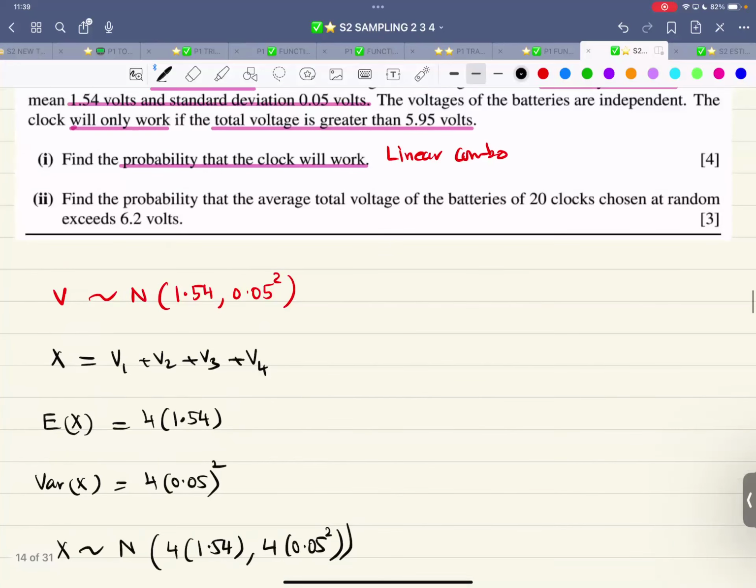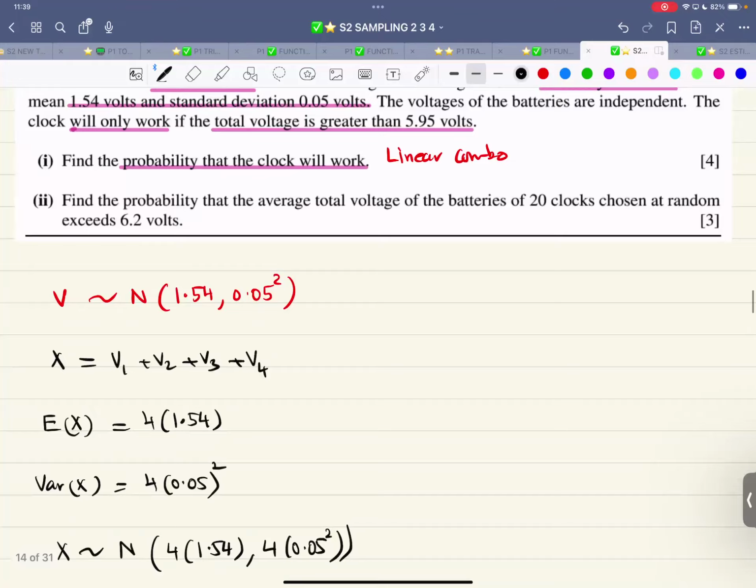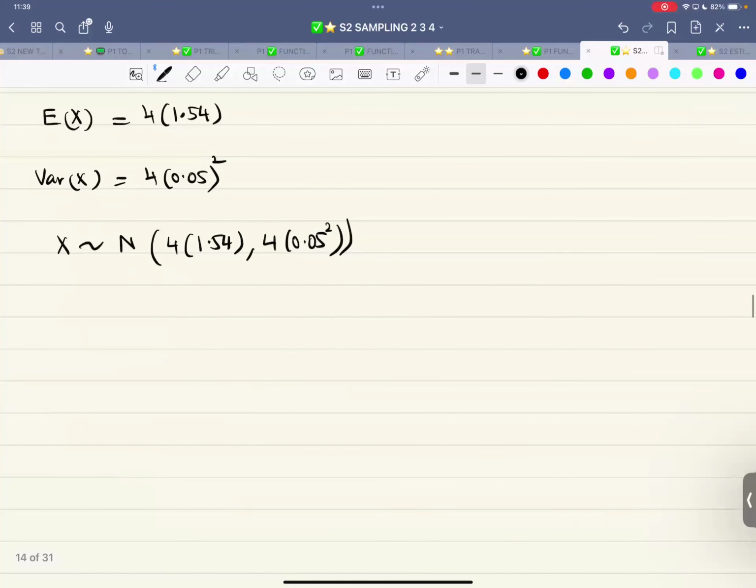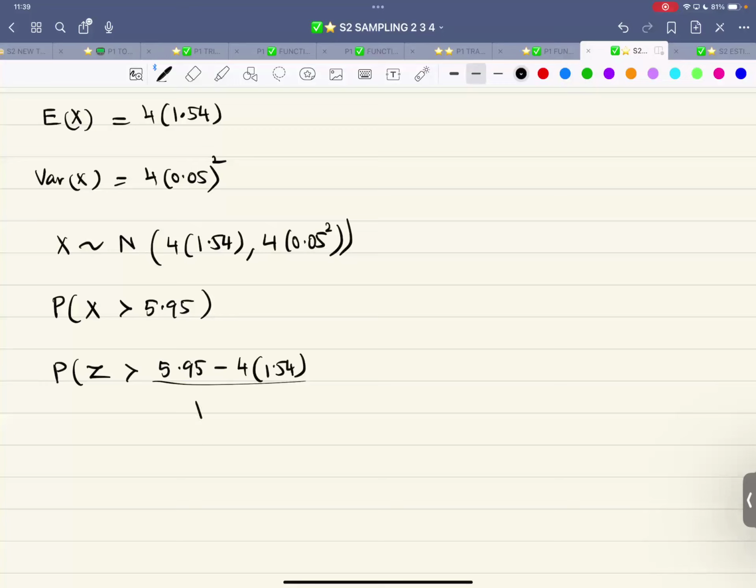Now it says find the probability the clock will work. The clock will work when the voltage is greater than 5.95. So the probability X is greater than 5.95. Keep in mind, it's not a sampling question. Probability Z is greater than (5.95 − 4 × 1.54) divided by the square root of 4 × 0.05².